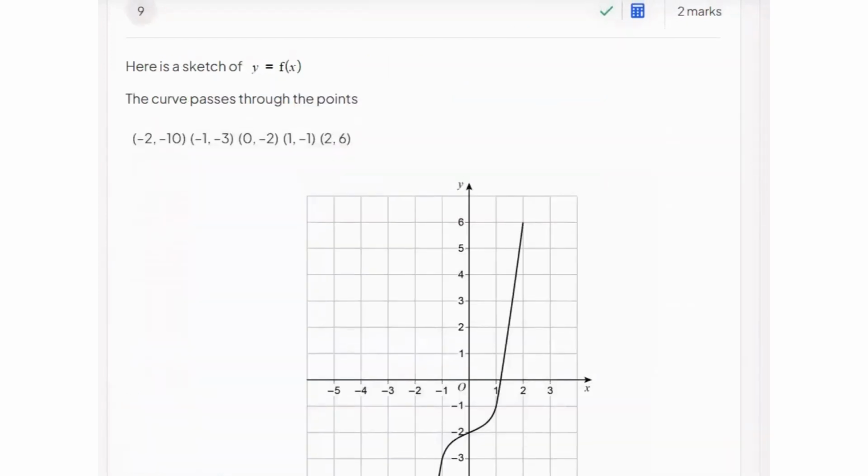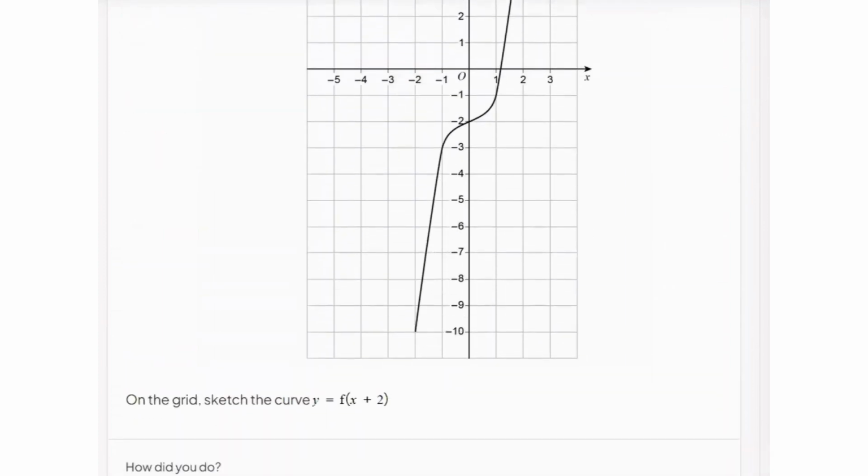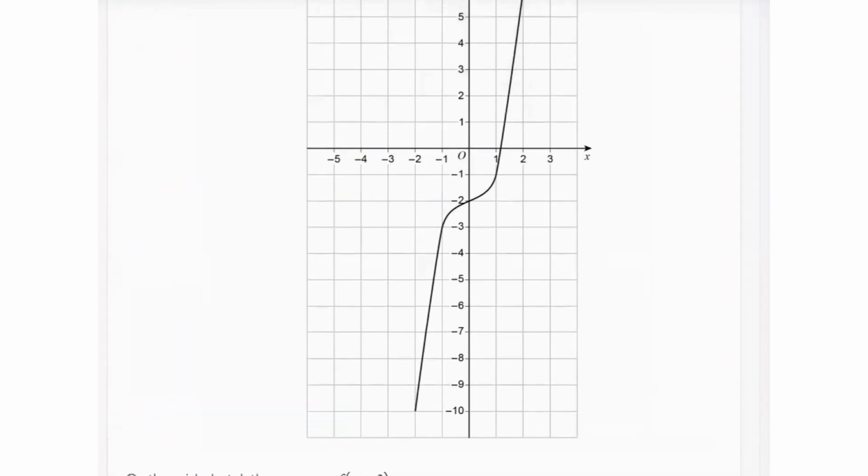Question 9 says, here's a sketch of y equals f of x. The curve passes through the points (-2, -10), (-1, -3), (0, -2), (1, -1), and (2, 6). On the grid, sketch the curve of y equals f of x plus 2.